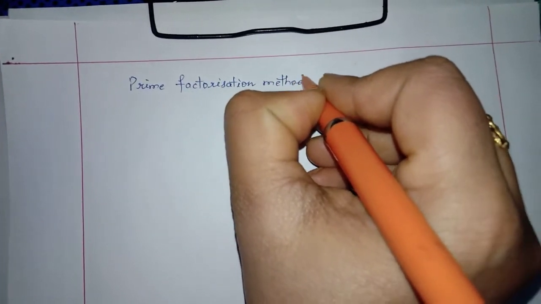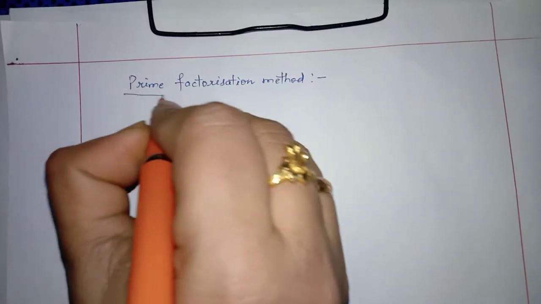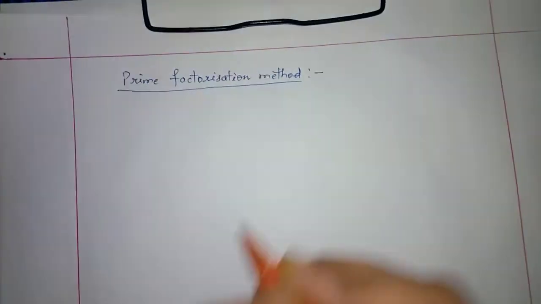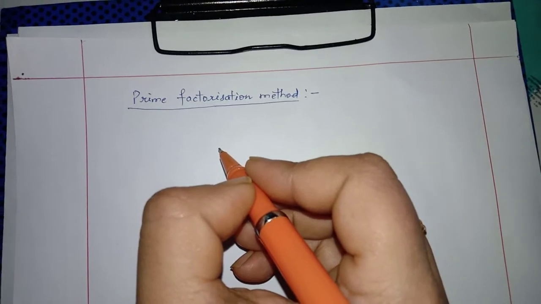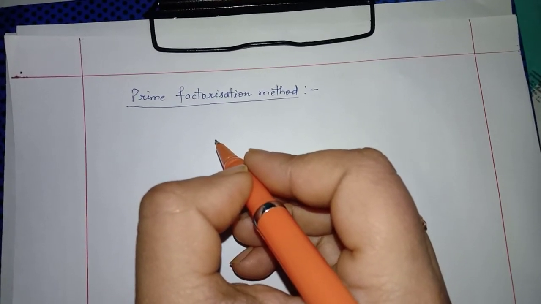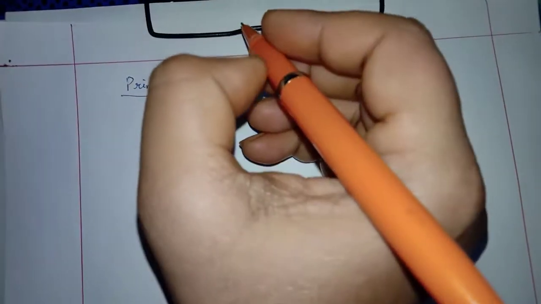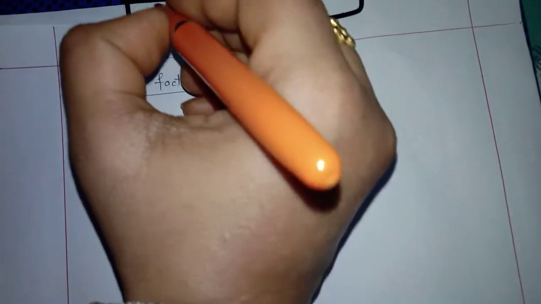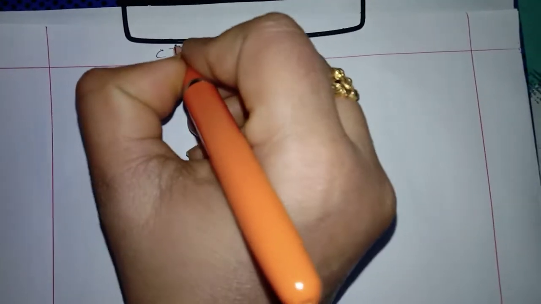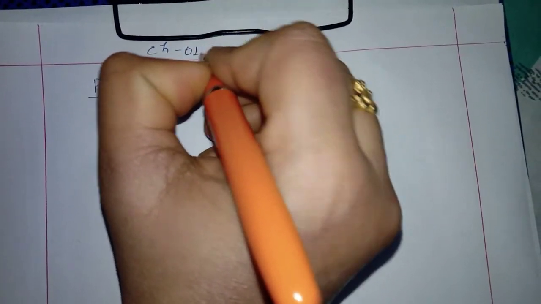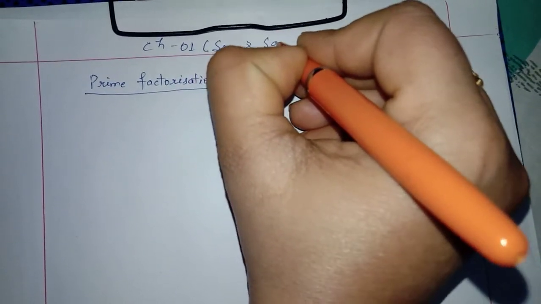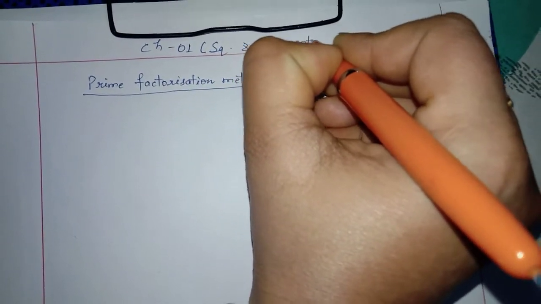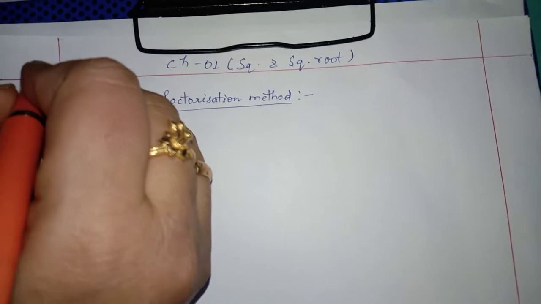In my previous video, I had described the repeated subtraction method, but in this current video I am going to describe the prime factorization method, which is related to chapter 1, Squares and Square Roots, of class 8.